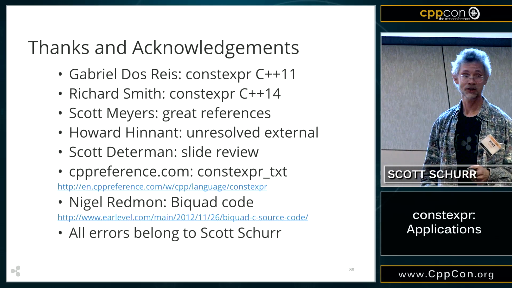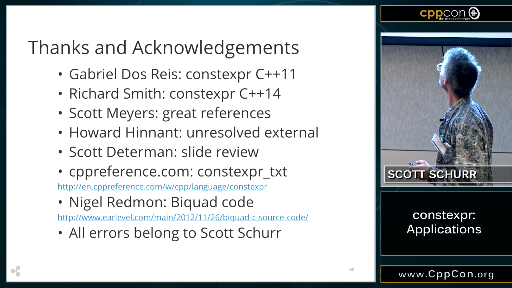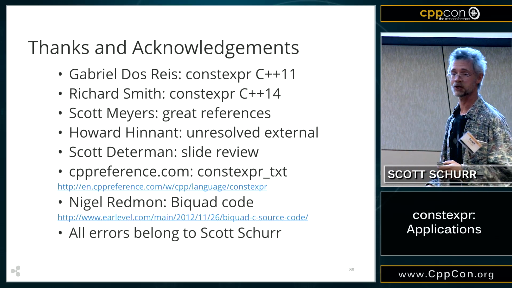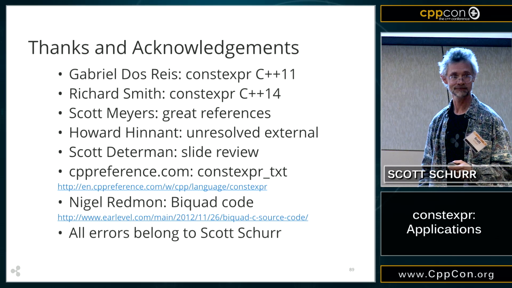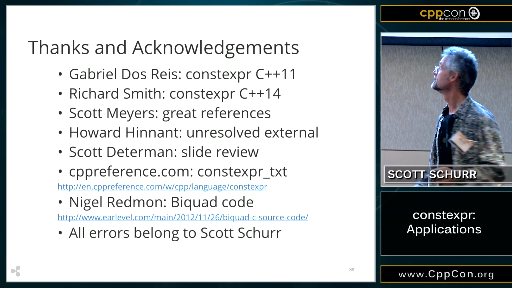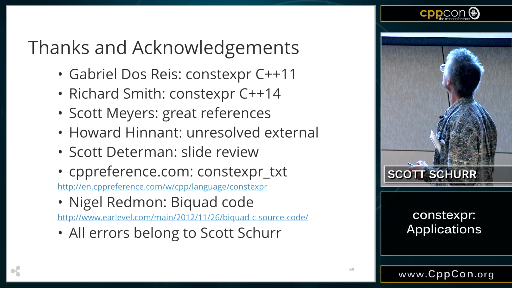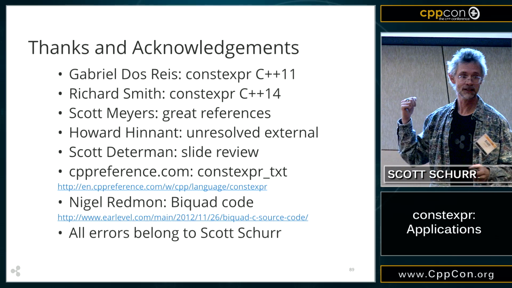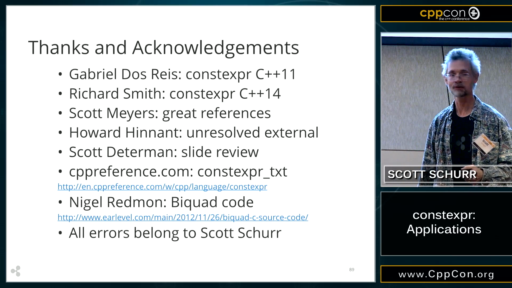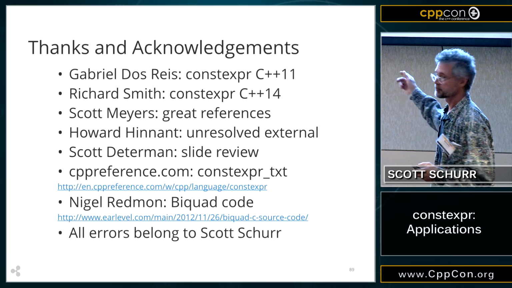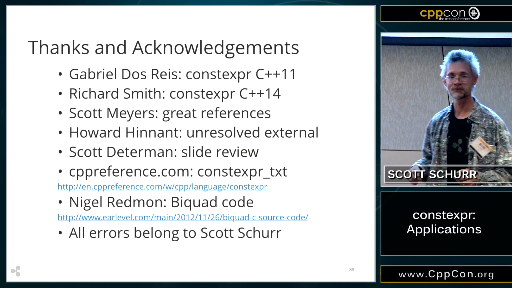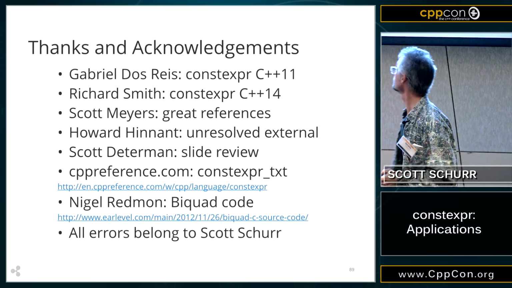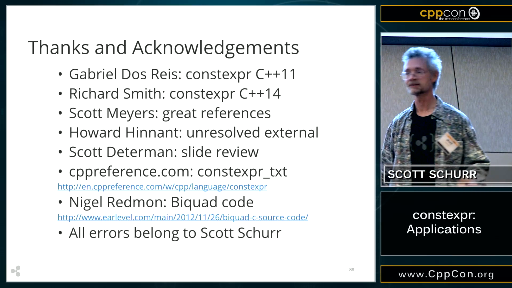Scott Meyers is always great; I rely on him. Howard Hinnant figured out the unresolved external for the hack. Thank you very much, Howard. A friend of mine did the slide review. Constexpr text came from cppreference. The biquad code, which you would see if you saw the floating point side of things, came from a particular website. And the errors are mine.